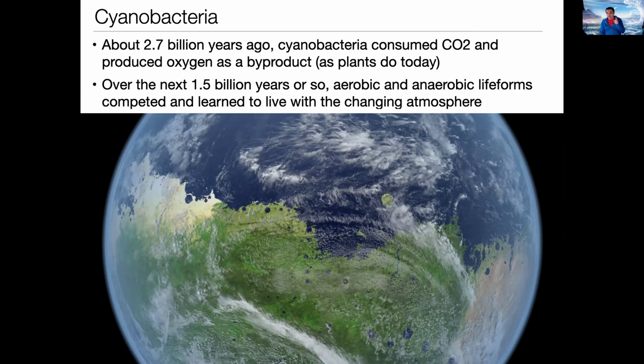Okay, and so what that did is it changed the chemistry of the Earth's atmosphere. Suddenly, oxygen was plentiful. Well, eventually it became plentiful, but it started appearing in the atmosphere. And so over the next 1.5 billion years or so, this caused a great strife within the life that evolved on the planet.